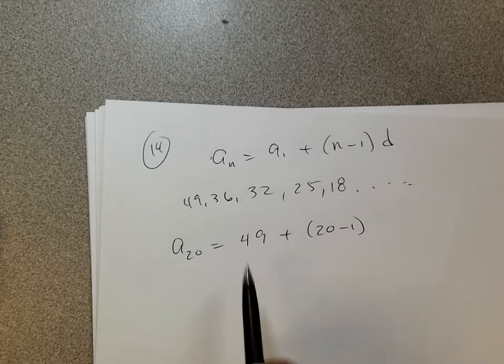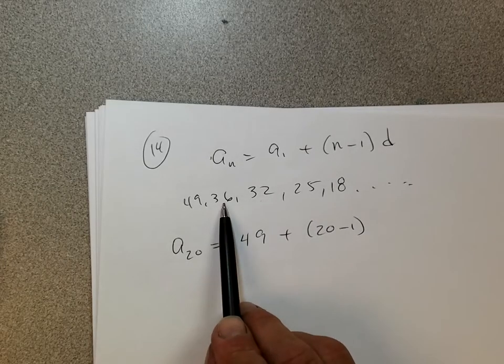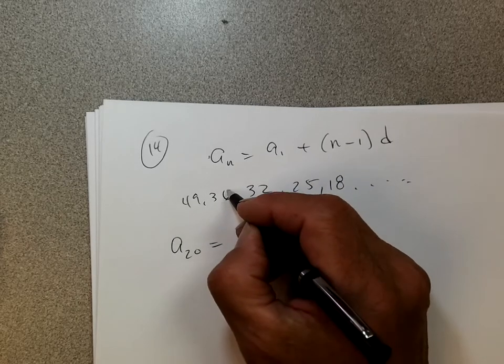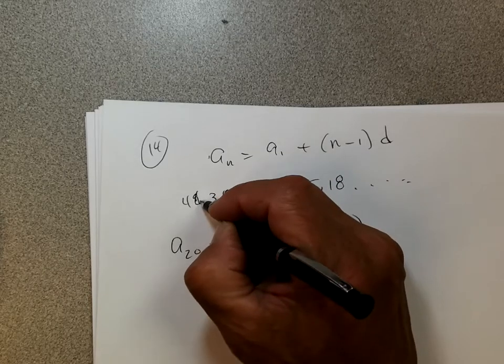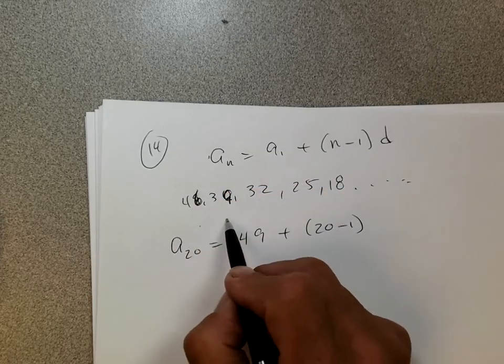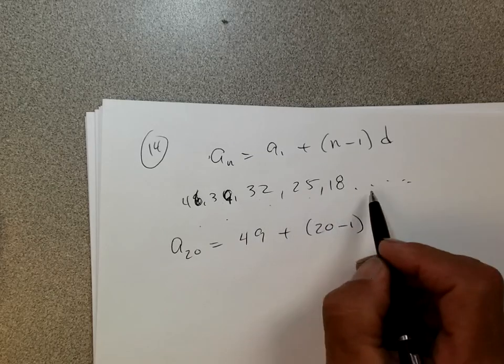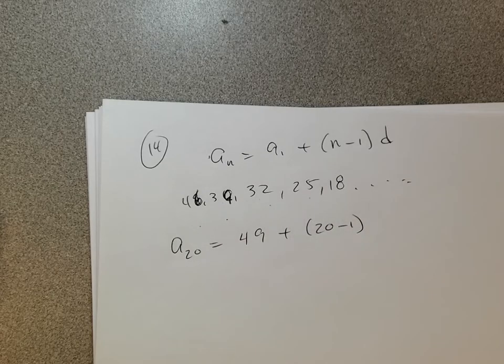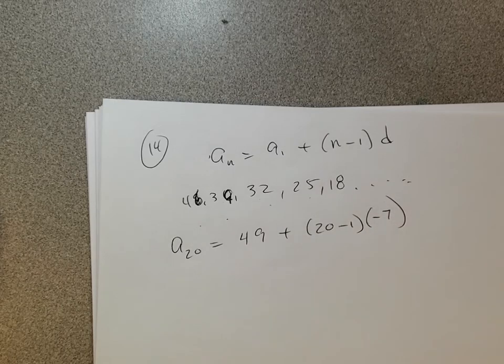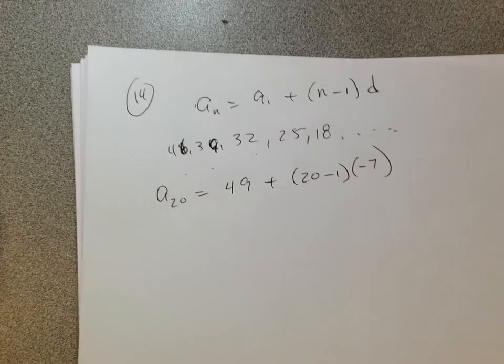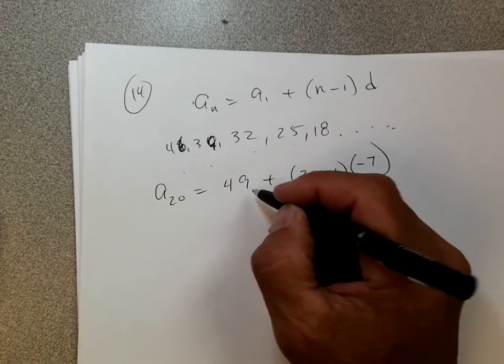What's the difference? What are we doing every time? Going down by, oh, this should be 9. 46. I wrote this way wrong. 46, 39, 32, 25, 18. What are we going down by? I think 7, aren't we? Negative 7. And this should have been a 46.